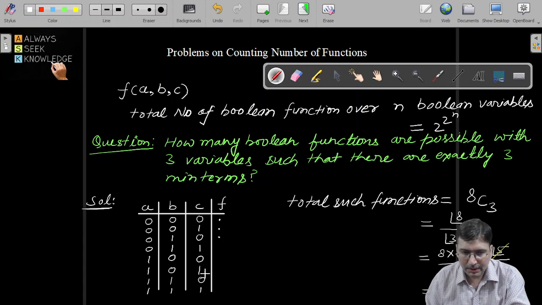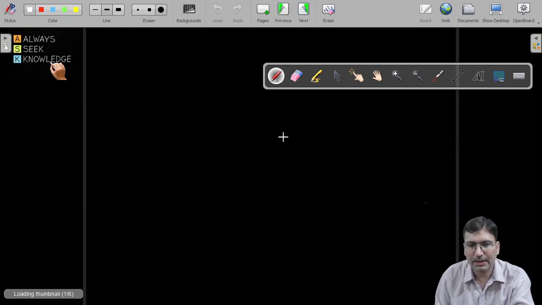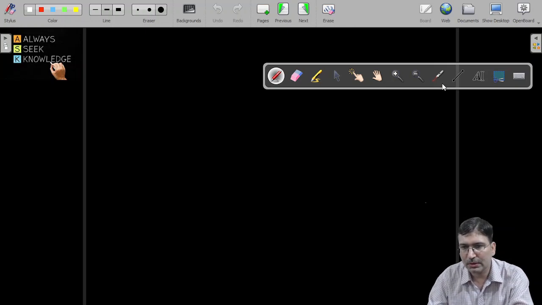Now there can be any number of minterms and maxterms, you understand that, but there is a specific type of function we consider a neutral function. So let's put it down. What is a neutral function actually?